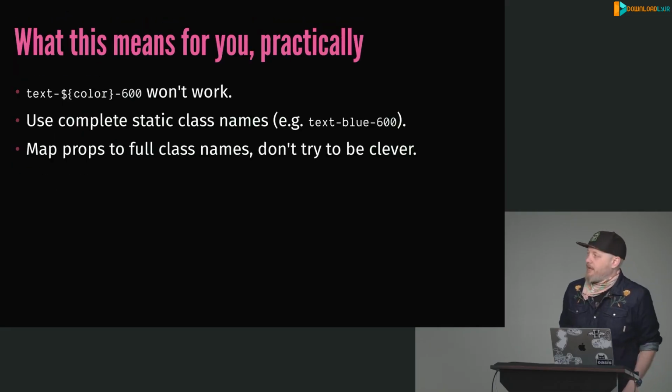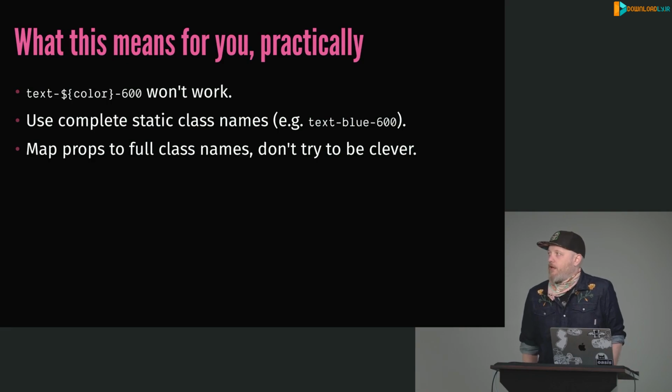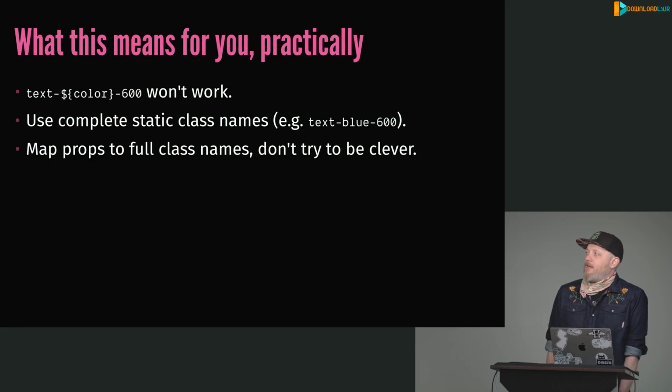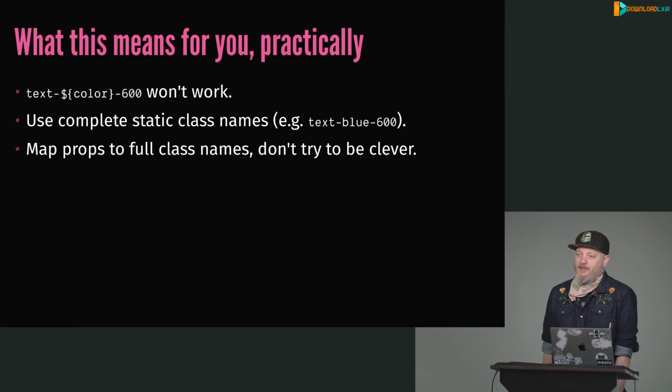As I alluded to a second ago, if you try to get clever, the chances of you messing it up are high. So if you think you're smart, just try to do the simplest possible thing. If you say, oh, I want to do a template string and inject that color, well, now it's not going to find it.